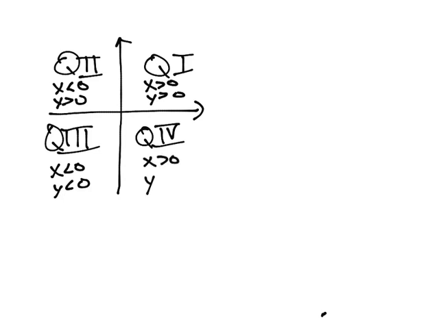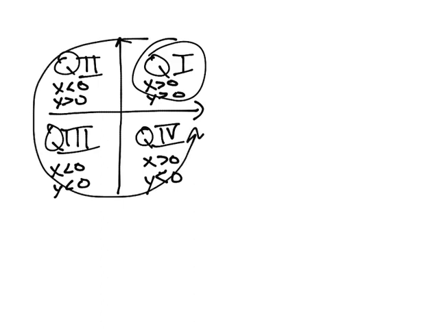And in quadrant 4, the x's have gone back to the positive side, but the y's are still negative. So it just goes around counterclockwise in our numbering system.